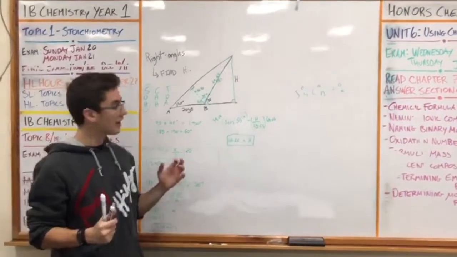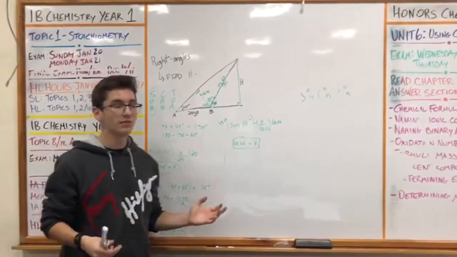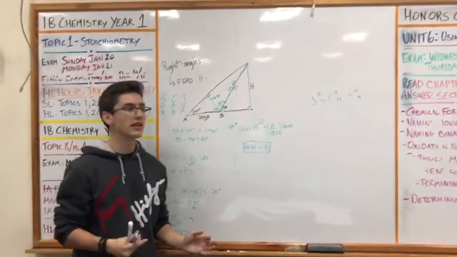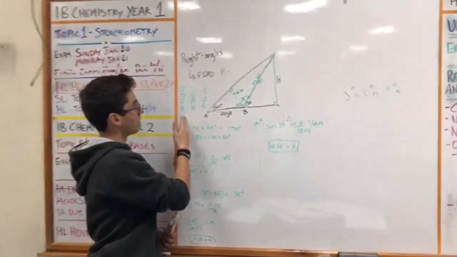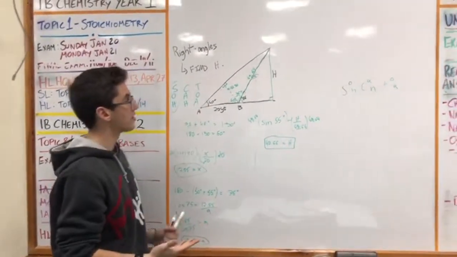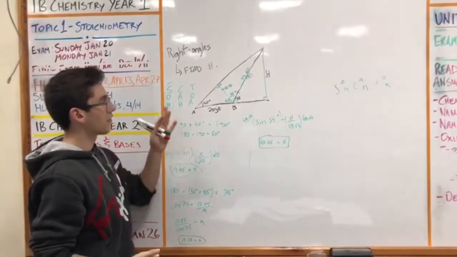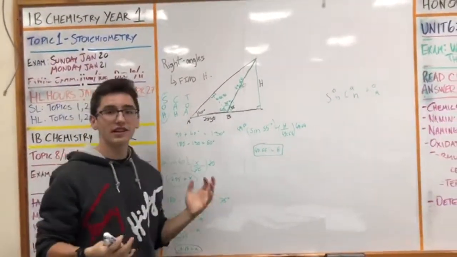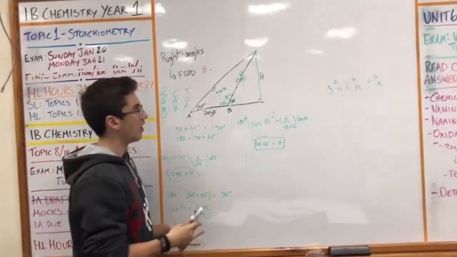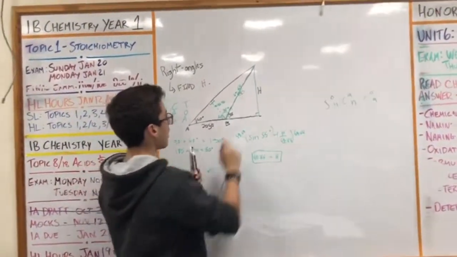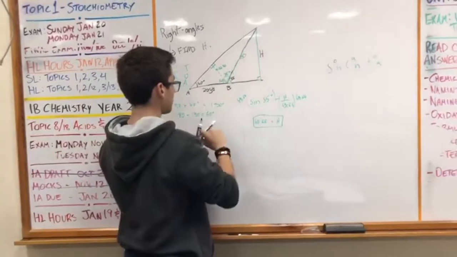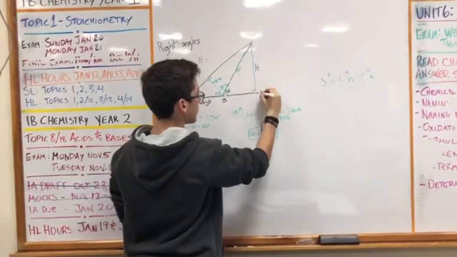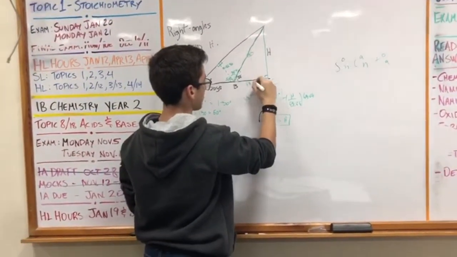Alright guys, one last tip for trigonometry and solving right angle triangles is which type of trig you have to use. Some people get confused between using cosine, sine or tangent. You just have to look at the values you have and decide from that. For example, let's say that from point B to point C was 49.64 instead.